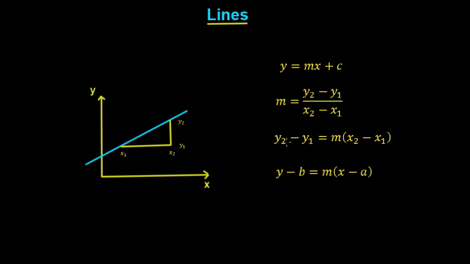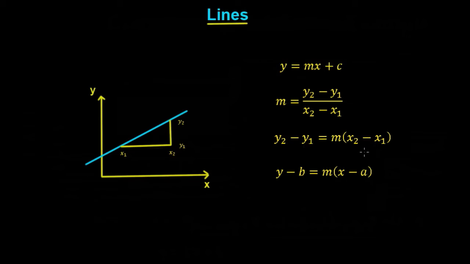Now we can see that we're going to have 2 points here. We're going to have our x2, y2 and x1, y1. Now what we can do is call our x1, y1 a particular point on the line. So that point on the line can simply be the point a, b.